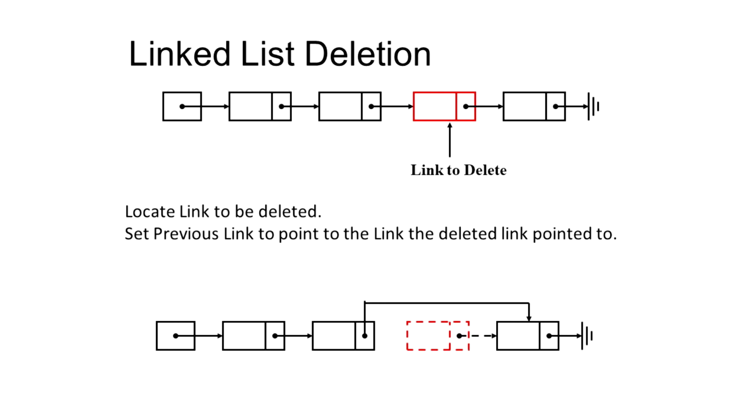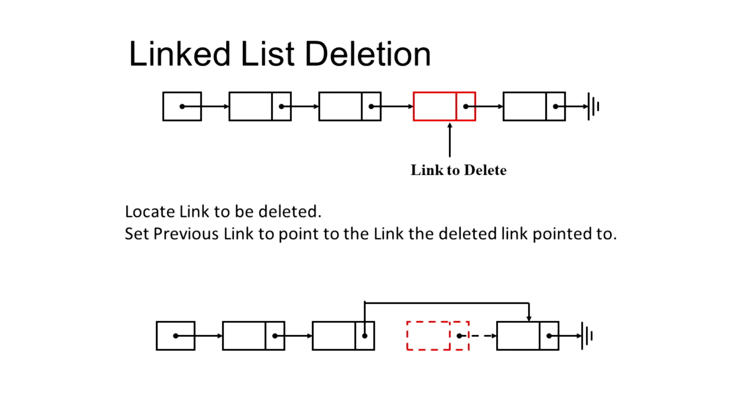Because once we find the node that we want to delete, we have to change the previous node's next pointer, which would currently point towards the node that we want to delete, to point to the one next in the list, the one after the one we want to delete.